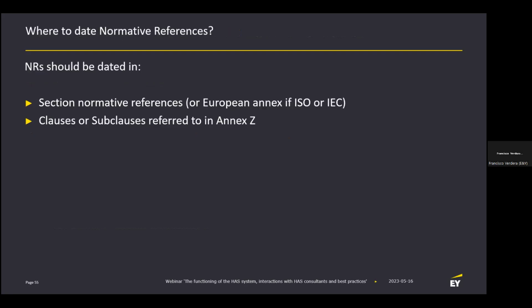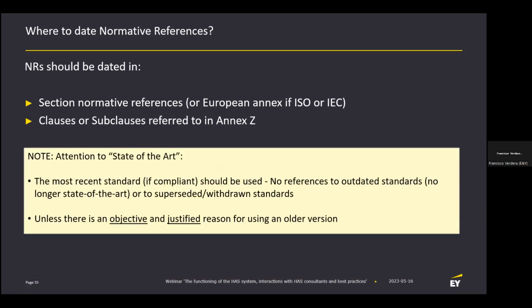And then where to date normative references. Normally, as I said before, in the section normative references and in clauses or subclauses referred to in the Annex Z. But if you do it in the section normative references or in the annexes provided by CEN or CENELEC, then it should be okay. Next slide.